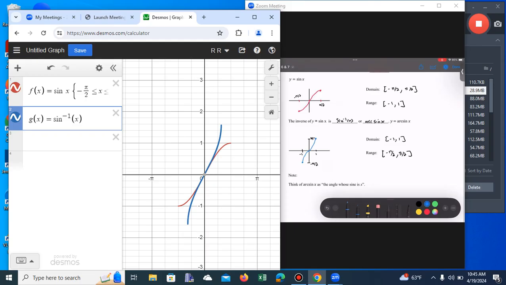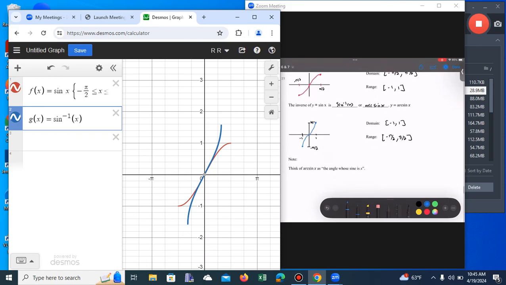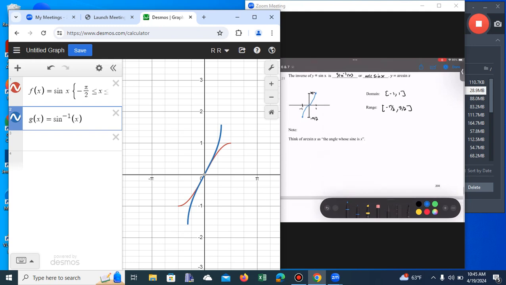Notice this is a function. Now it passes the vertical line test. And we can think of the arc sine or inverse sine of x as the angle whose sine is x.